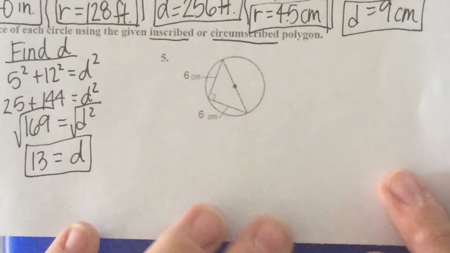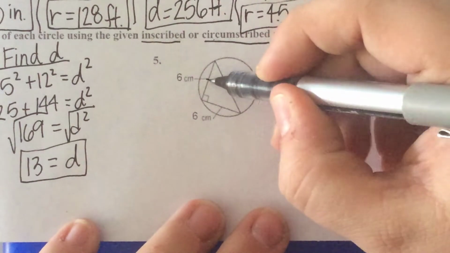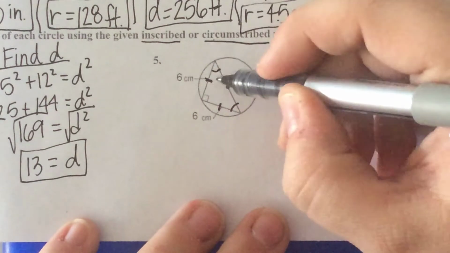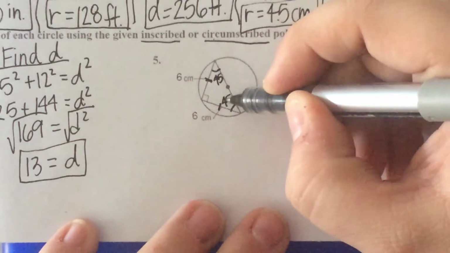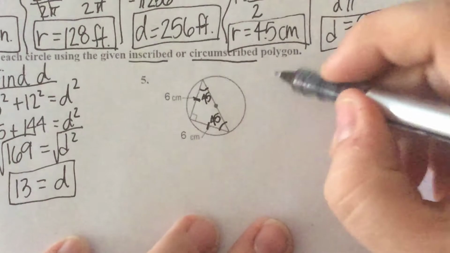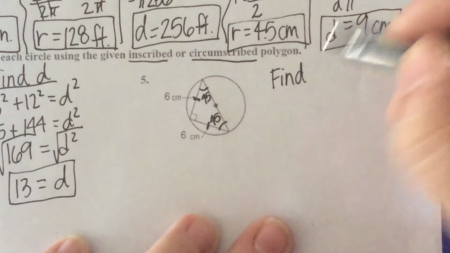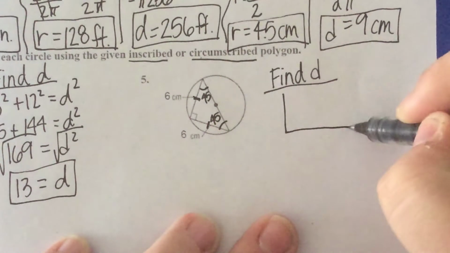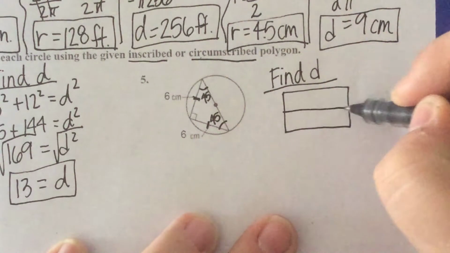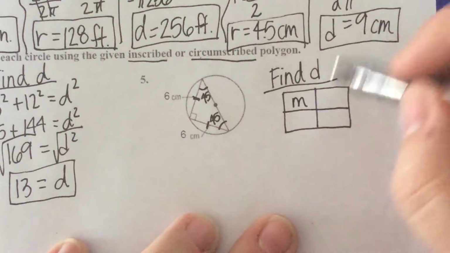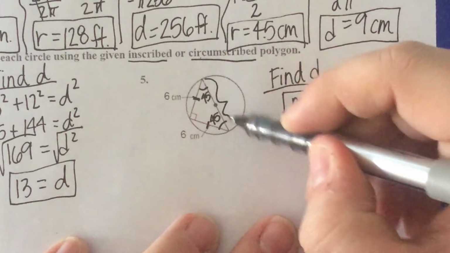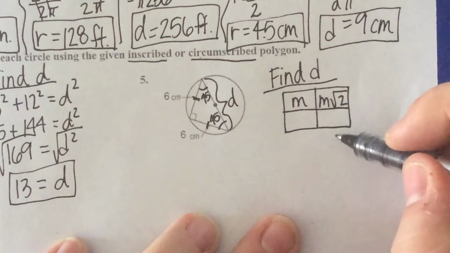Okay, now our last one also has this nice right triangle for us, and we notice that this leg is 6 and this leg is 6, which tells us that these angles are congruent, which means we've got a 45, 45, 90 triangle. So to find d, we can use our 45, 45, 90 triangle, and if you'll remember, our legs we refer to as m, and our hypotenuse we refer to as m square roots of 2, and this is what we're trying to find.